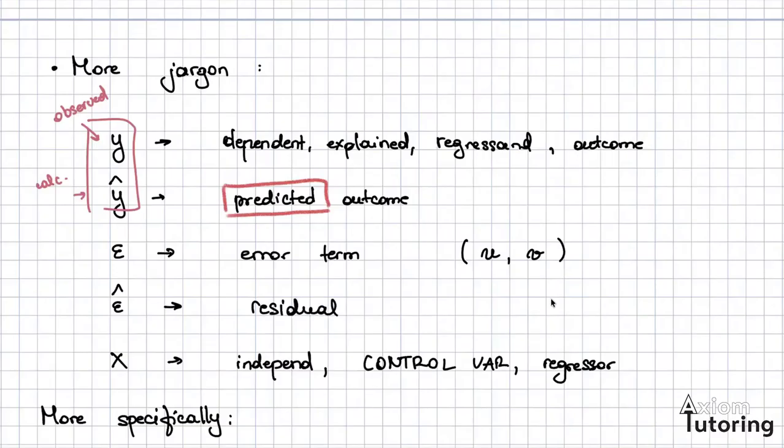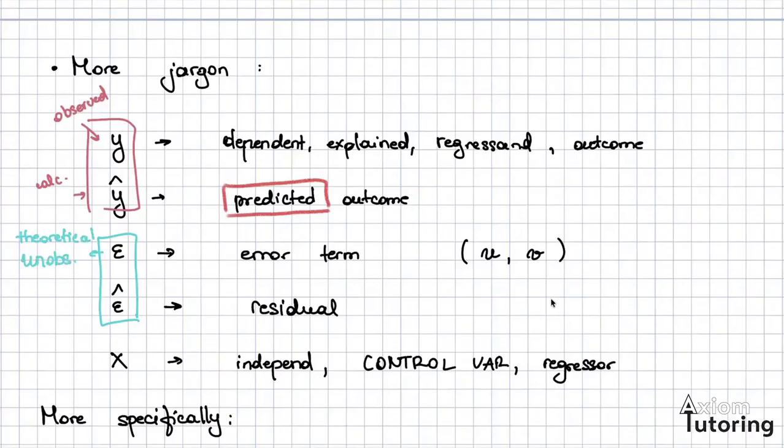And I want to bring your attention that while the epsilon and the epsilon hat might look similar, just like there were very clear differences between your y and y hat, there are very huge differences between the epsilon and the epsilon hat. To begin with, the epsilon is just a theoretical, so to speak, kind of element. It's unobserved.